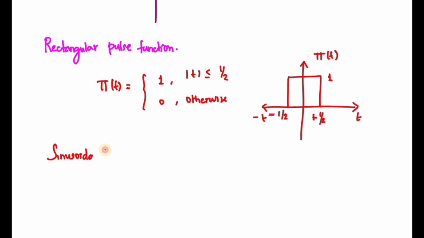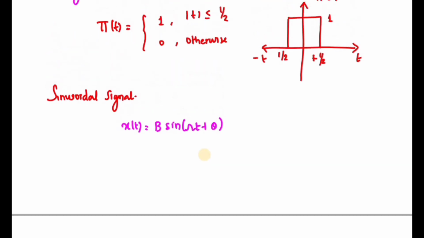So the next one is the sinusoidal signal. So x of t is equal to b sine of omega t plus theta. The theta represents the phase shift, and this omega is nothing but 2 pi divided by T, that is 2 pi f.